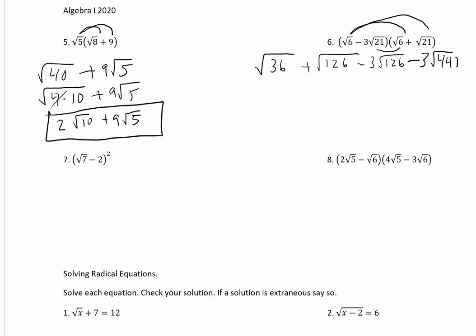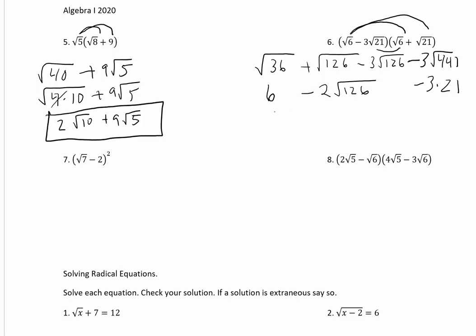Okay, I know rad 36 and rad 441 look like big numbers, but when you multiply them together, you're multiplying them by themselves. So the square root of 36 is just 6. And here, the square root of 441 is just 21. So I'm going to take this out and say negative 3 times 21. Now I am going to combine these two in the middle. So I'm going to have a 1 rad 126 minus 3 rad 126, which is going to give me a negative 2 rad 126.